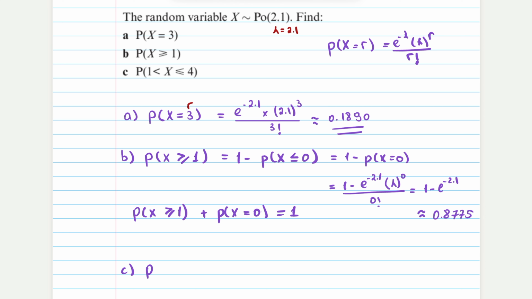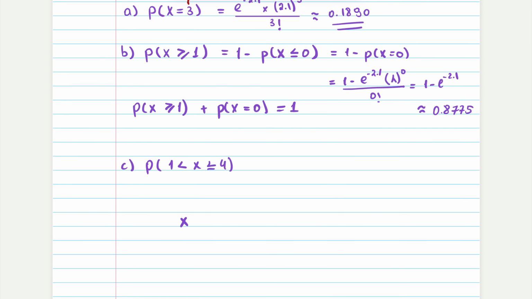So part C: x is in between. We are looking for the probability of 1 is smaller than x smaller than or equal to 4. So remember, x is a discrete random variable. So in this scenario, x can be 2, x can be 3, or x can be 4. So you can say that x is between 1 and 4 inclusive.